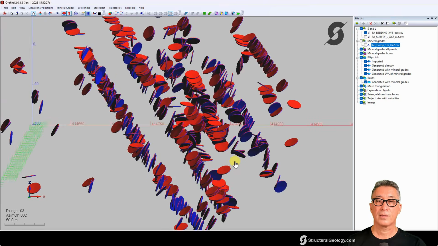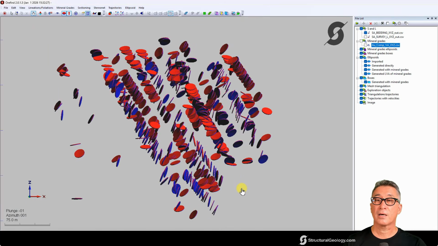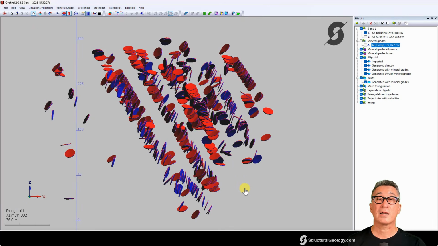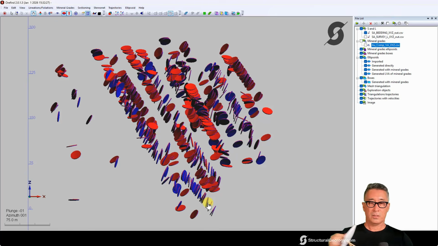However, there are a whole bunch of them that are dipping in the opposite direction, and they are at a lower dip angle than this. So if you rotate this fabric around by the axis, then it's going to go flat. So I used this tool before, okay? So this is the drill hole.